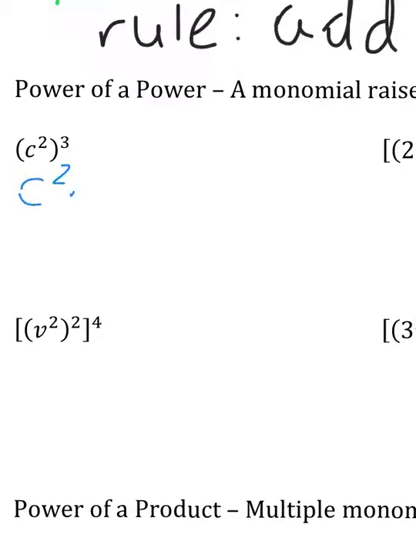C squared times c squared times c squared. Now we just have a product of powers, so that's c to the sixth.